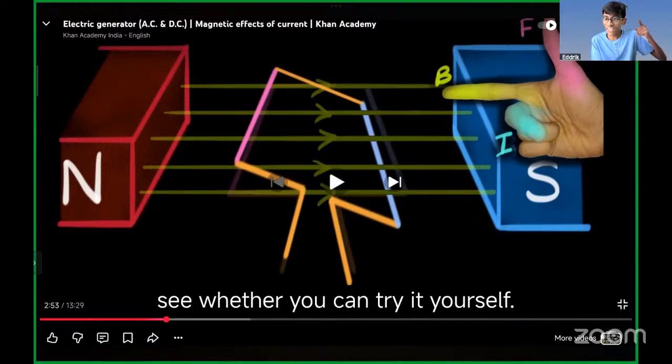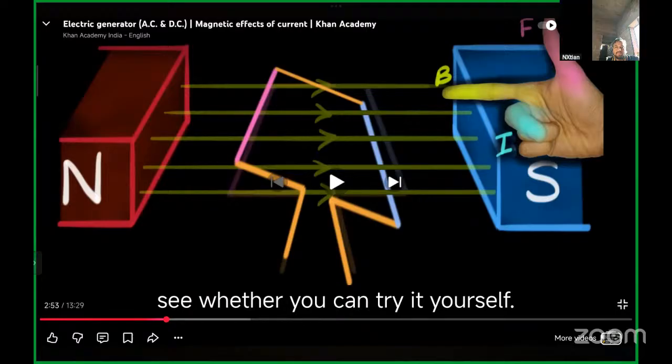So here it is electromagnetic induction. So when electromagnetic induction is there, we use the right-hand rule. They are different, but we use them for different purposes.